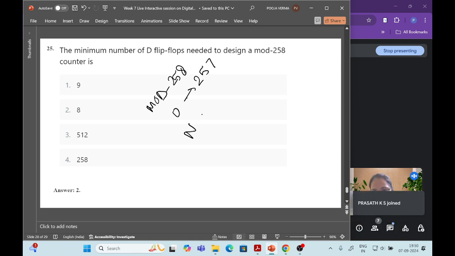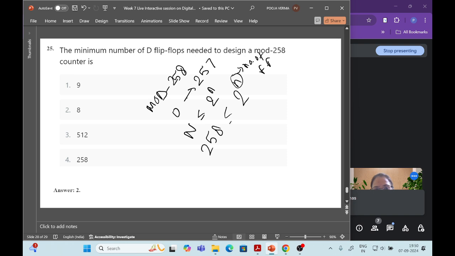So the number of states, 258, must be less than or equal to 2 to the power n, where n is the number of flip-flops. So what will be the value of n, so that it can count up to 258?